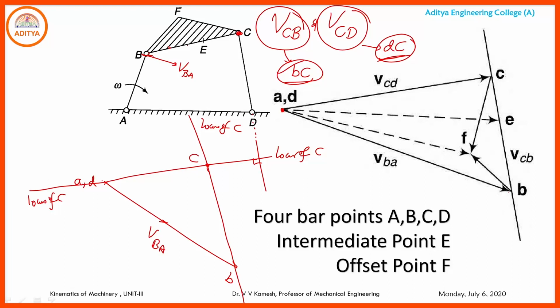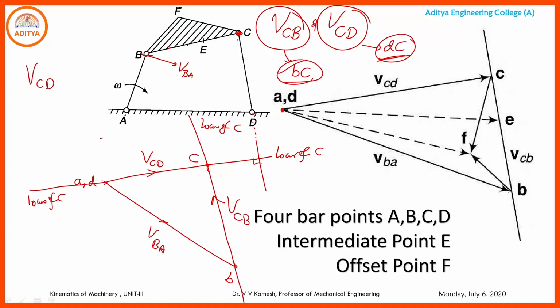So, this will become velocity of C with respect to D, this will become velocity of C with respect to B. As a vector notation, we can write very easily velocity of CD or CA, whatever it might be. Velocity of C with respect to D or velocity of C with respect to A, both are the same because AD belongs to the fixed link.